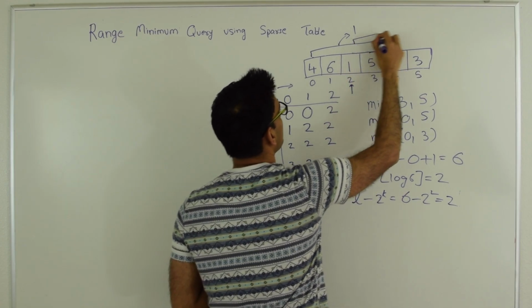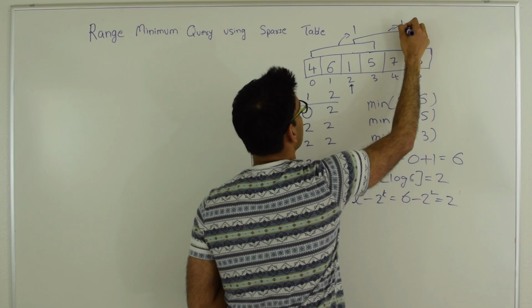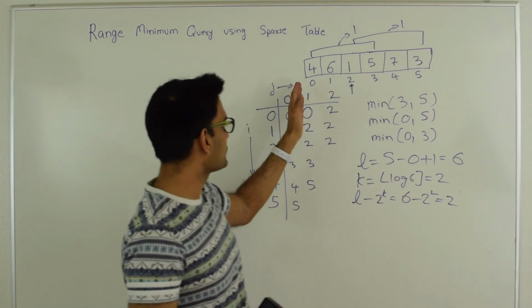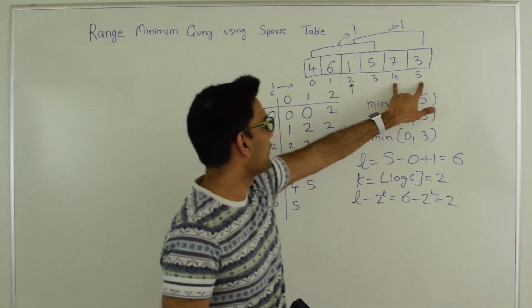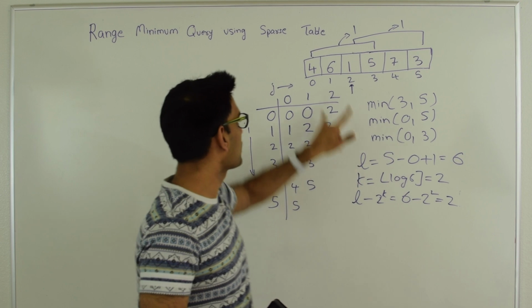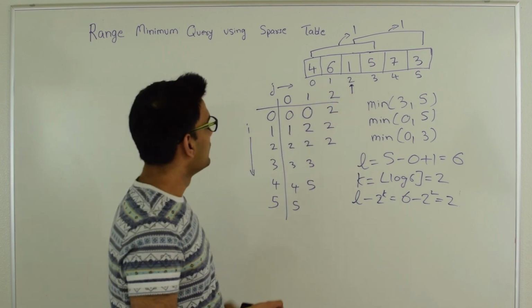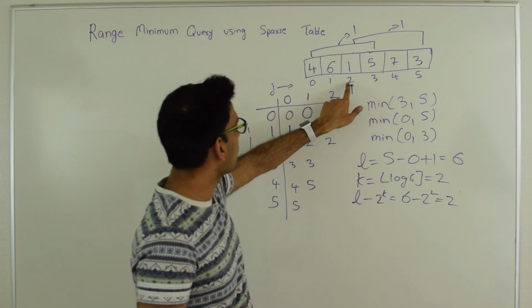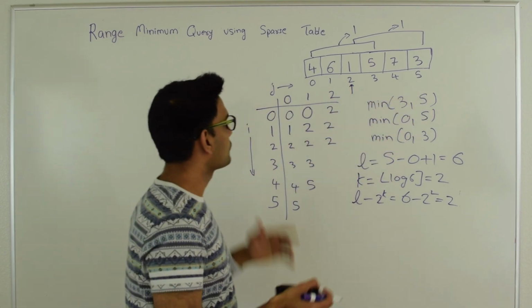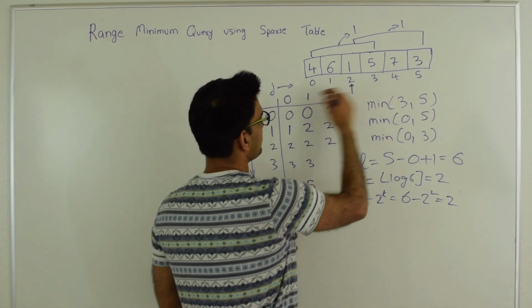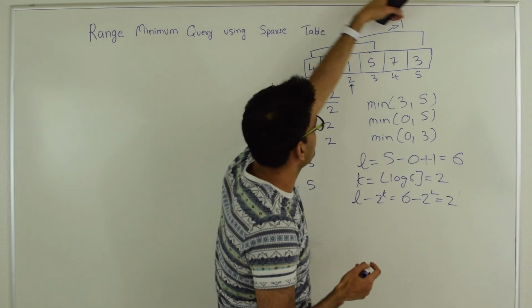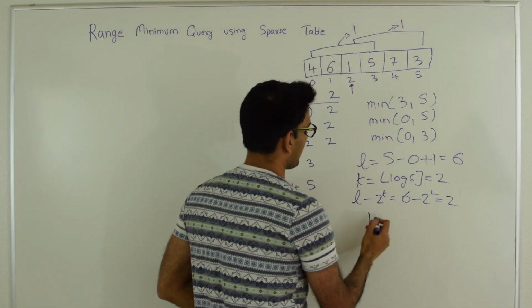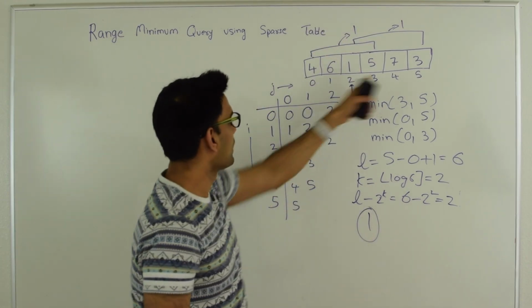So here we got the minimum of these 2. And you see how moving by 2 we covered these 2 elements which were not covered by the initial range. So now we have the minimum from 0 to 3, and also we have a minimum from 2 to 5. So we are ready to give the minimum from 0 to 5, and that will be the minimum of this one or this one, doesn't matter, and that value is going to be 1.